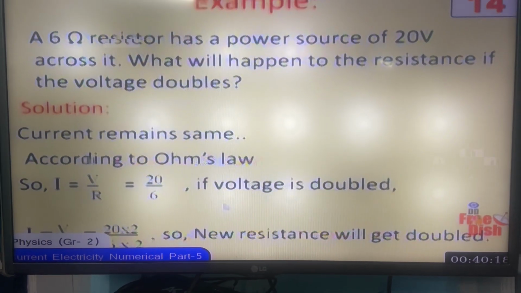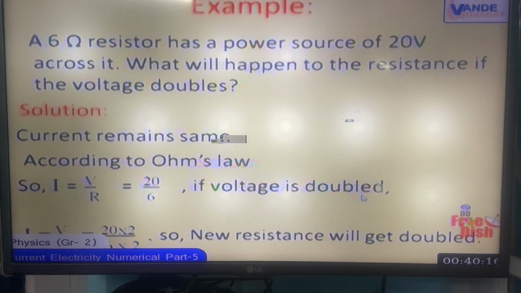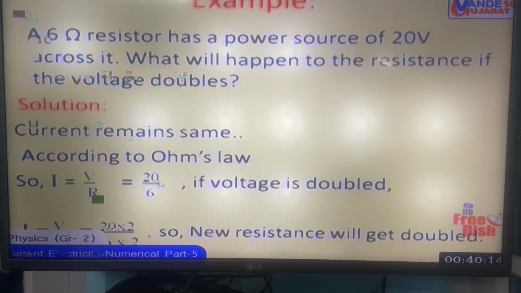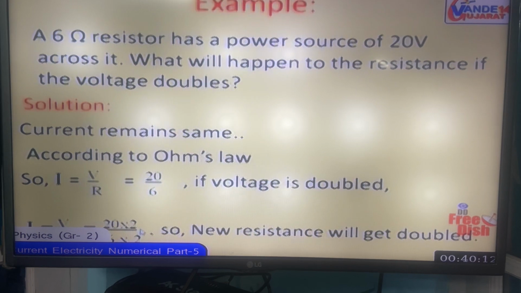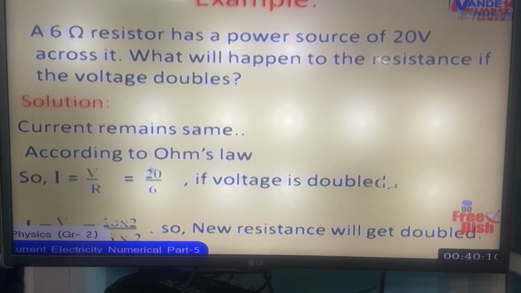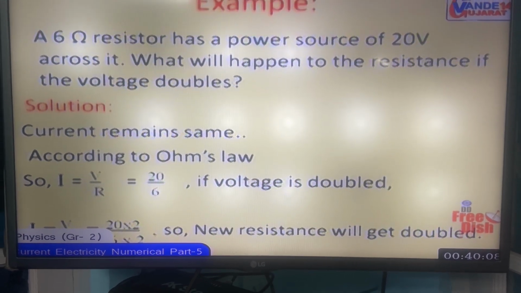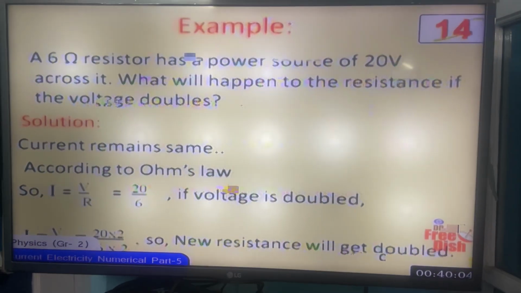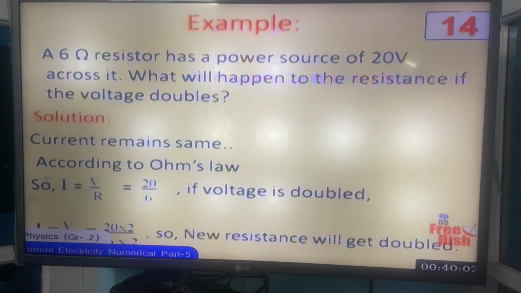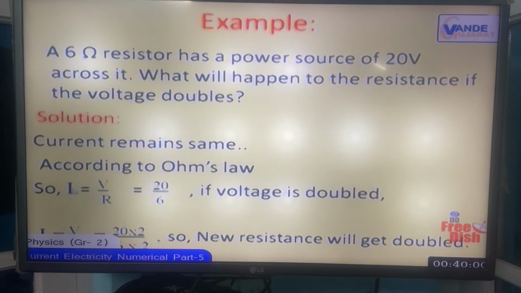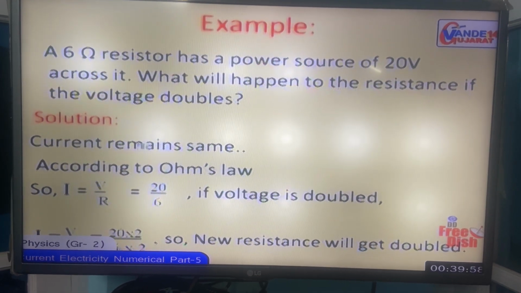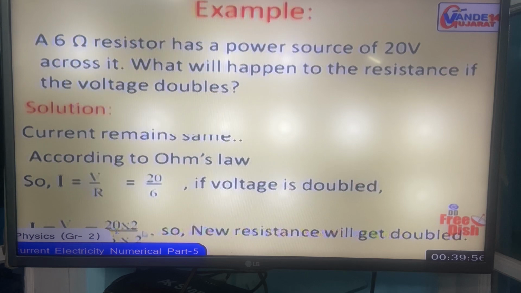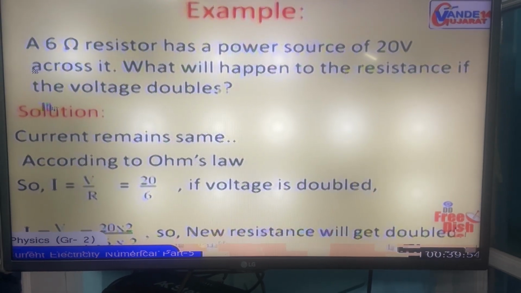Now, if voltage gets doubled, meaning I write 20 into 2 instead of 20, then I should write 6 into 2 here, because current remains the same. Even if I double the voltage, current remains the same. So what happens? If I double the voltage, the new resistance will get doubled.